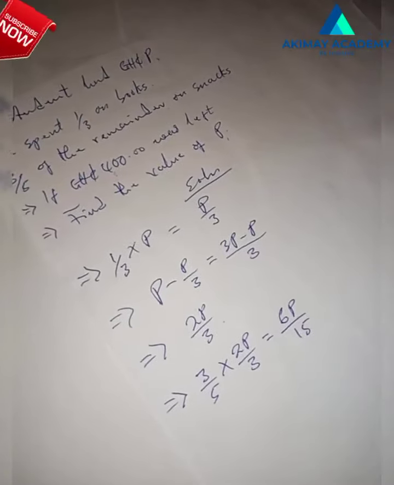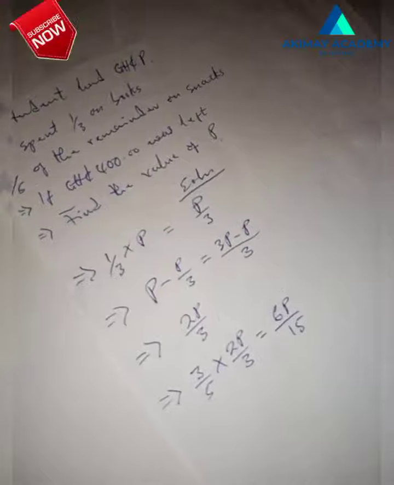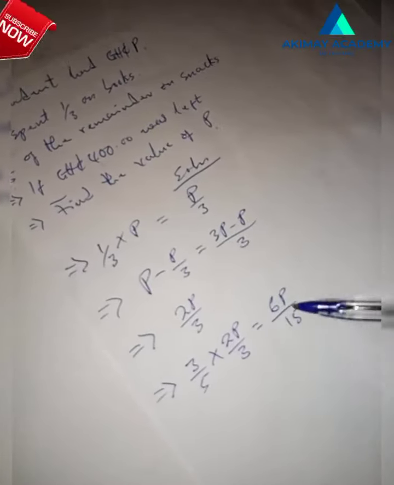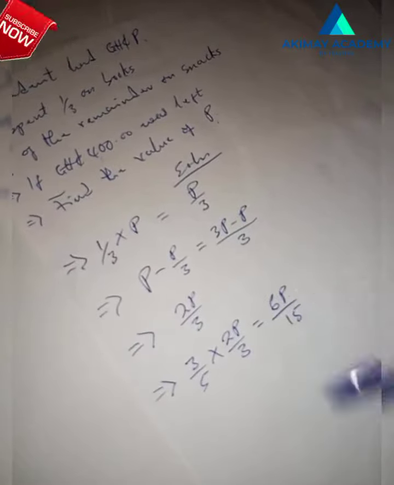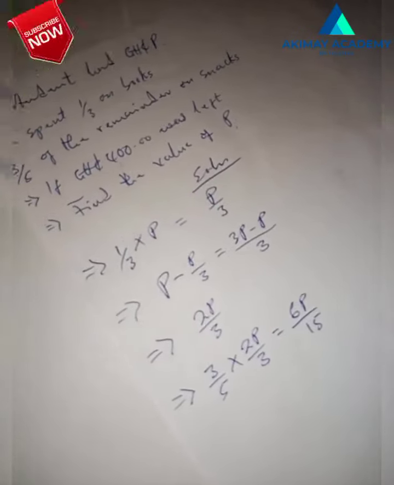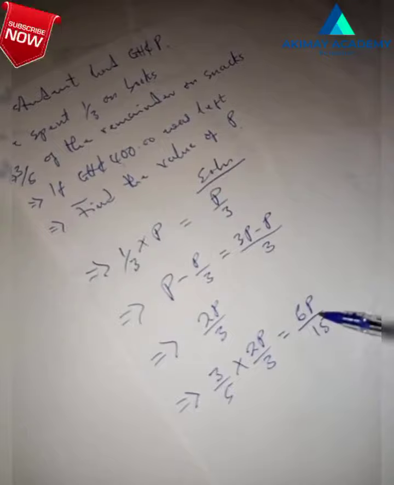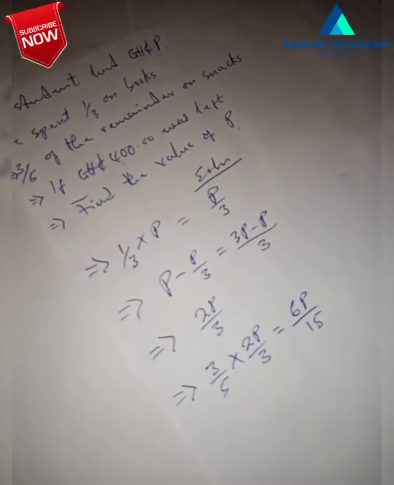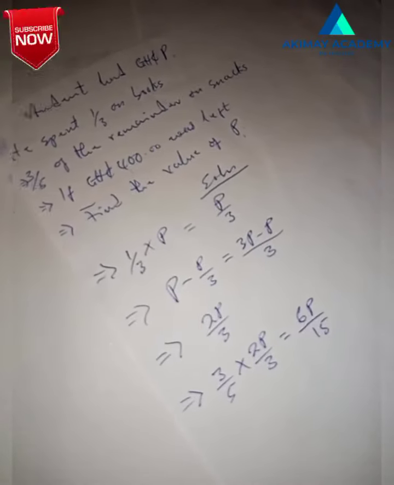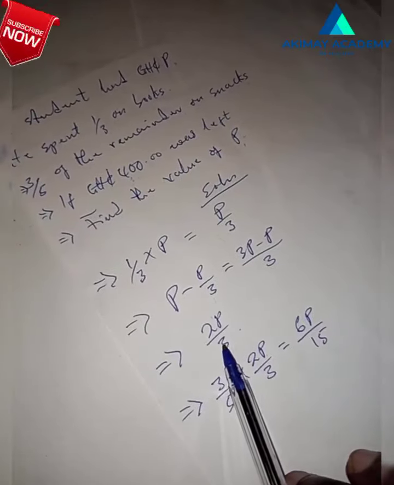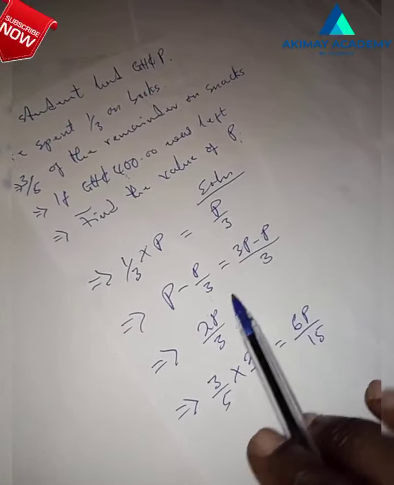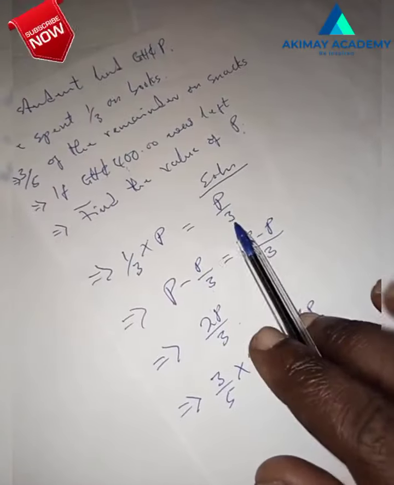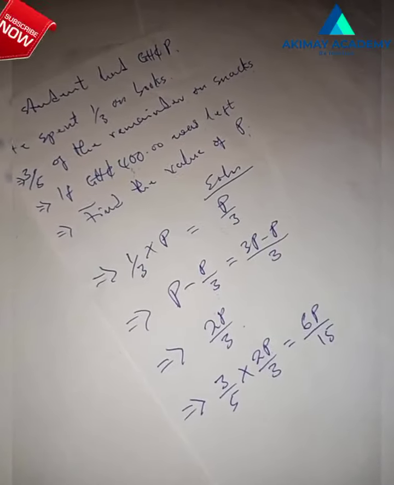So meaning that we have to find the remaining money. After using this fraction on snacks, what amount was left? If you look at it, here you can see this was the remaining money after the student spent P out of 3 on books.